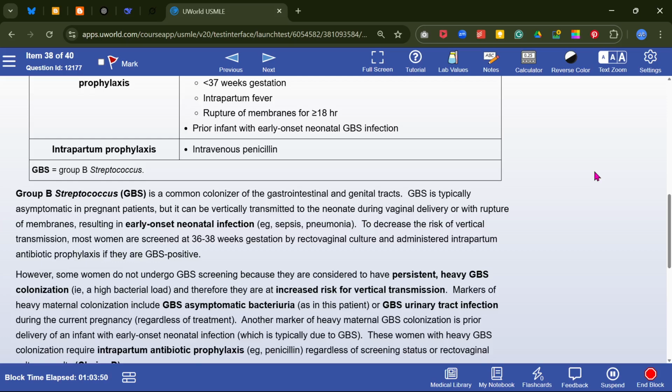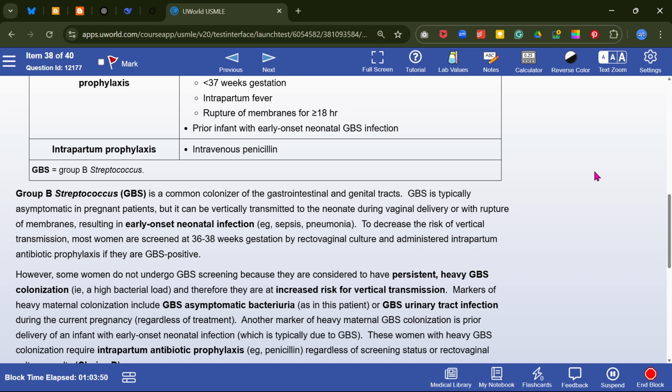However, some women do not undergo GBS screening and they are considered to have persistent heavy GBS colonization, high bacterial load, and therefore increased risk for vertical transmission. Markers of heavy maternal colonization include group B asymptomatic bacteriuria, as in this patient, and group B streptococcus urinary tract infection during the current pregnancy regardless of the symptoms.